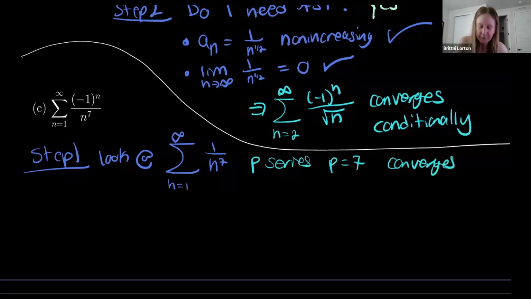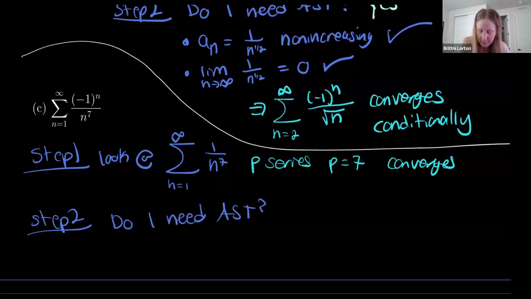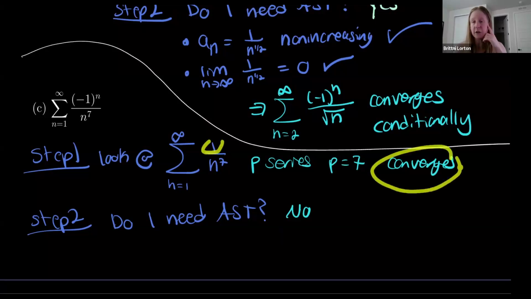Ta-da. So then I move on to step number 2, and step number 2 is, do I need the alternating series test? Well, here, no, I don't. I don't need it. You can always use it though. So if you want to use it, you'll be just fine. I don't need it because without the negative, it converges.